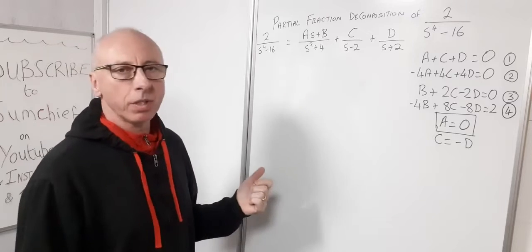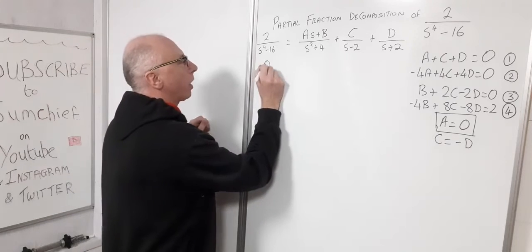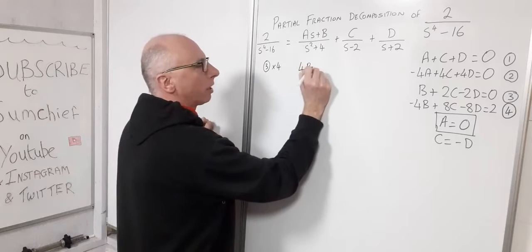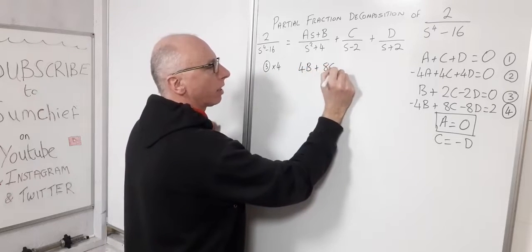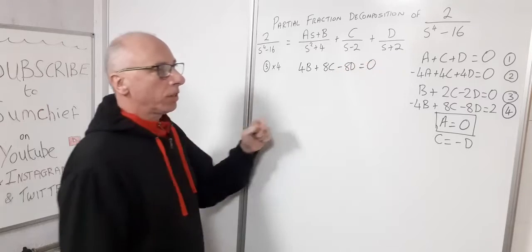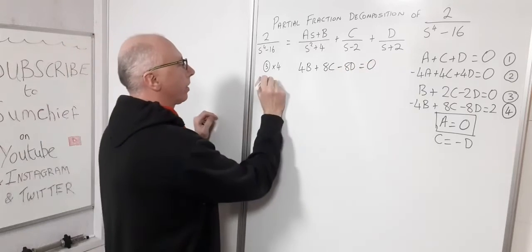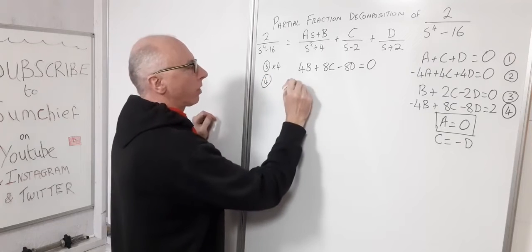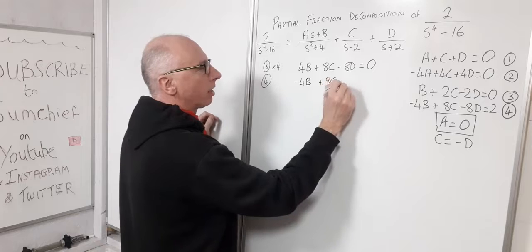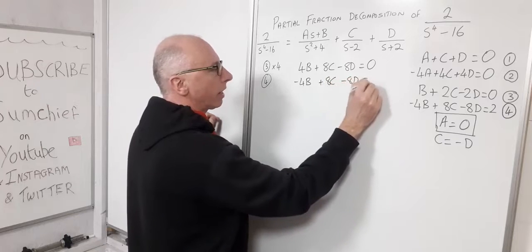So it's going to give me something to work with. So equation 3 times 4 gives me 4b plus 8c minus 8d equals 0. And then I just put equation 4 next to it. So I've got minus 4b plus 8c minus 8d equals 2.